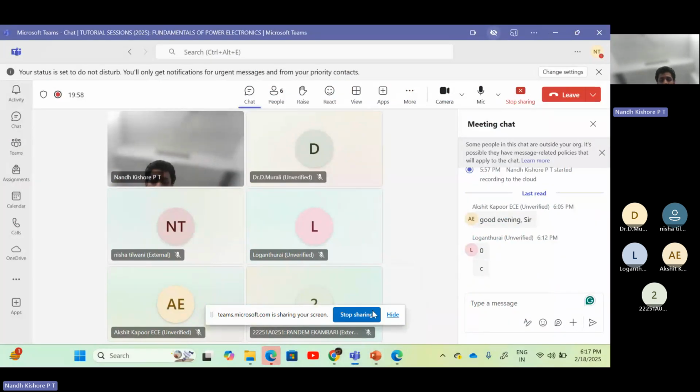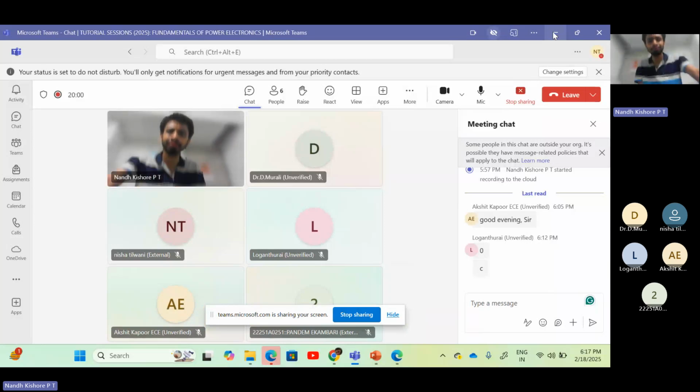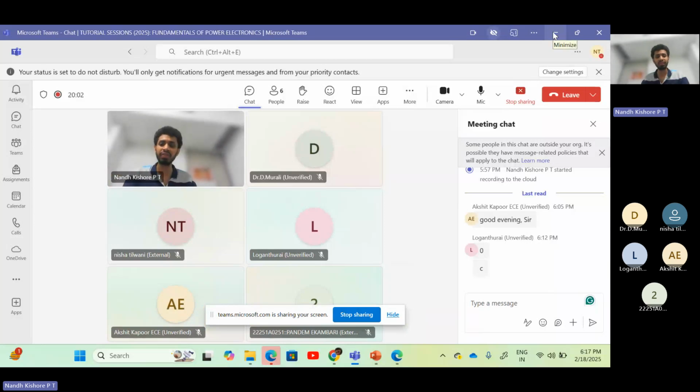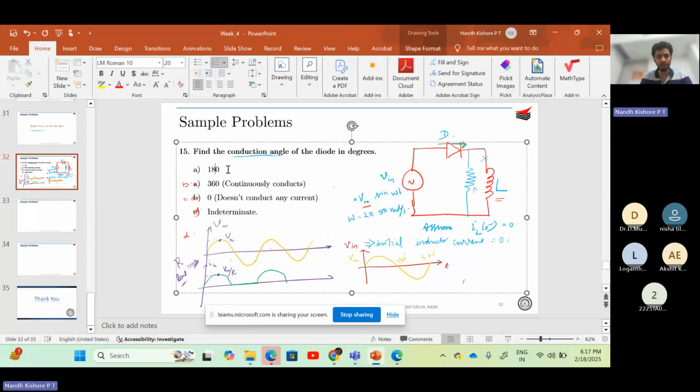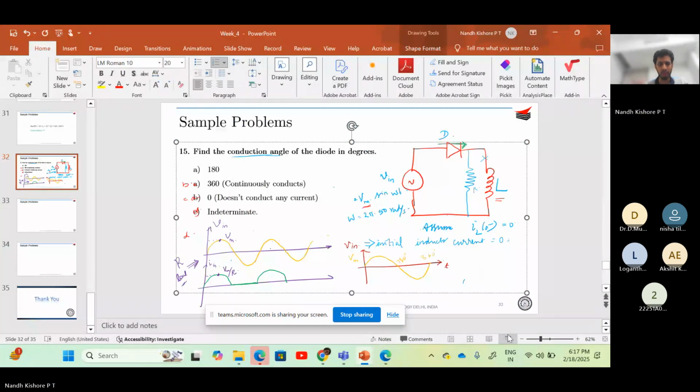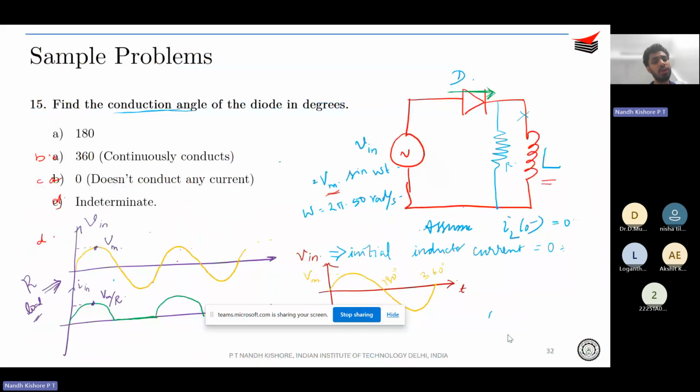So for an R load, we are seeing that during the positive half cycle the diode will conduct, and during the negative half cycle the diode will not conduct. So the conduction angle will be 180 degrees. We can tell 180 degrees is the right answer for R load.